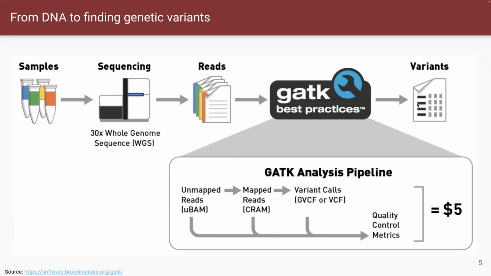It looks quite simple, but it actually has many different steps. It goes from the FASTQ file to the unmapped BAM, then the mapped BAM, which is called CRAM, and you create the individual VCF file from variant calling. You get a VCF for each individual, which we call GVCF or simply VCF. Then you get the final VCF, which is the joint VCF, as we learned in the genetics course.